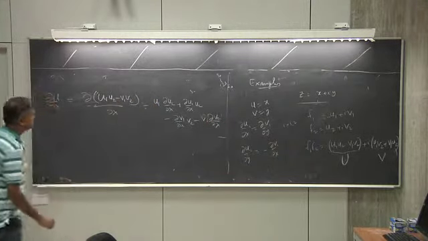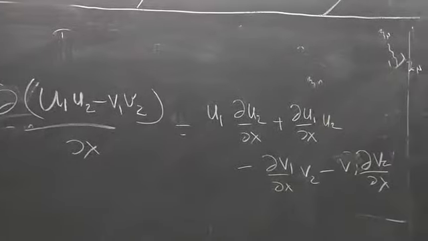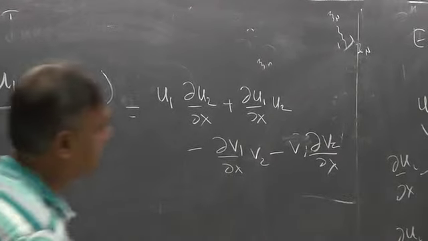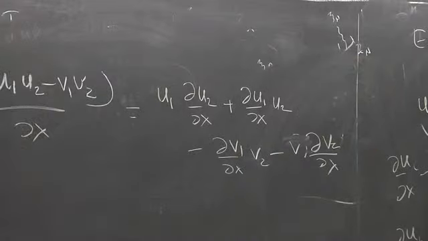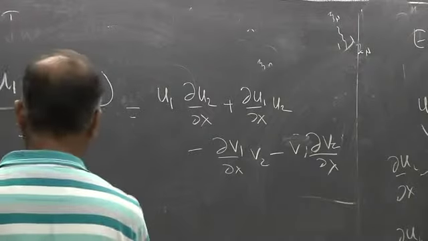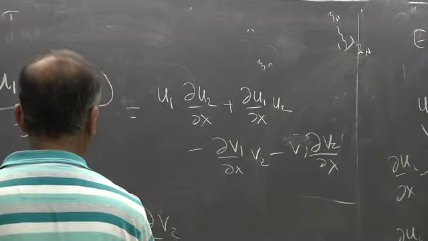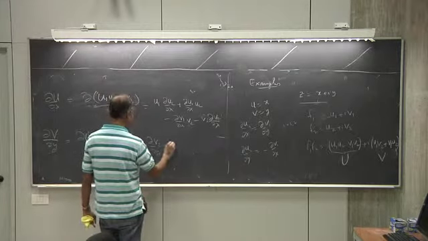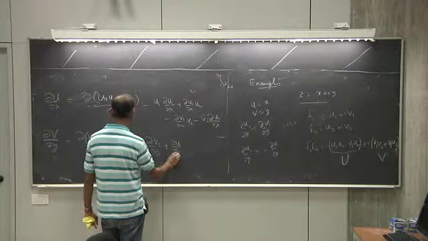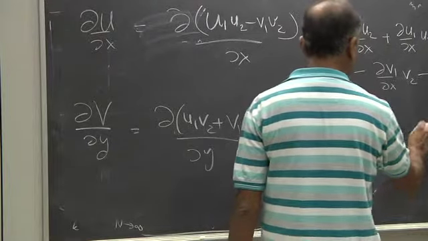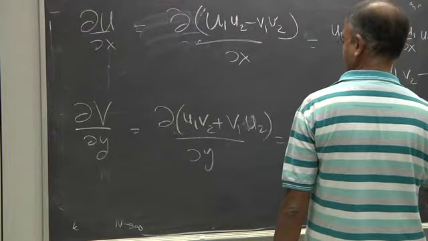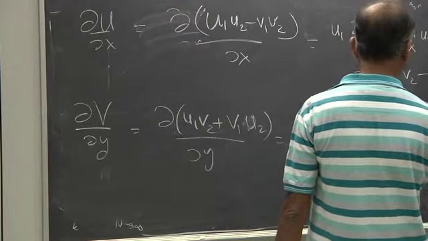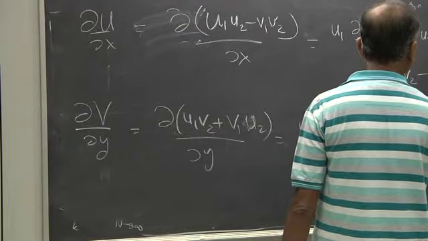So that is this one. And look at dV by dy. Capital V is u1 v2 plus v1 u2, so d of that by dy is u1 dv2 by dy plus du1 by dy v2 plus dv1 by dy u2 plus v1 du2 by dy.